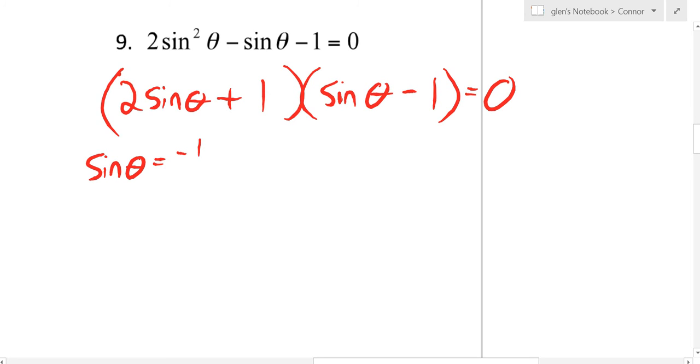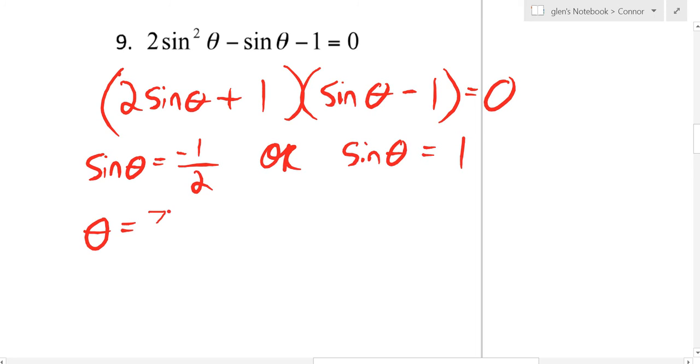Either sine theta equals negative a half, or sine theta equals 1. And that only happens when theta is, for negative a half, 7 pi over 6 plus 2 pi n, or 11 pi over 6.